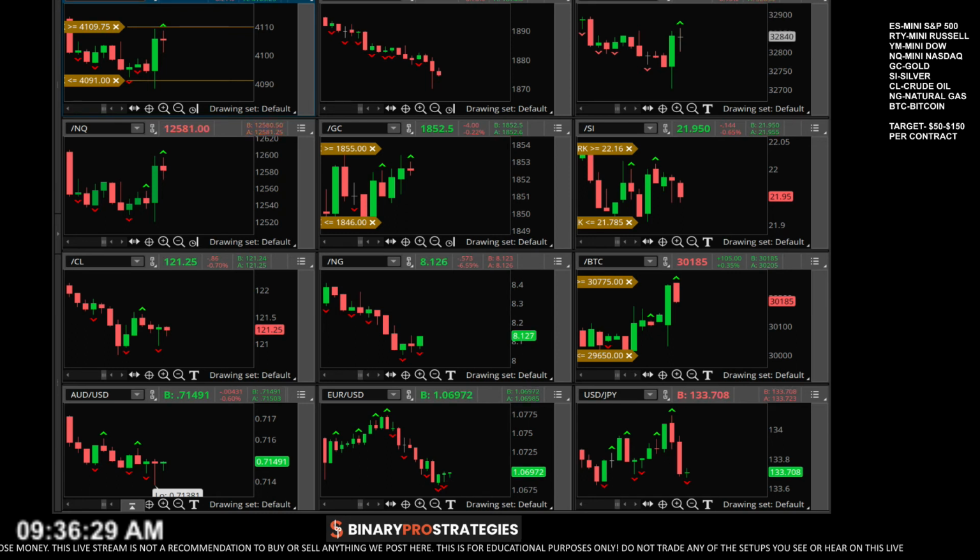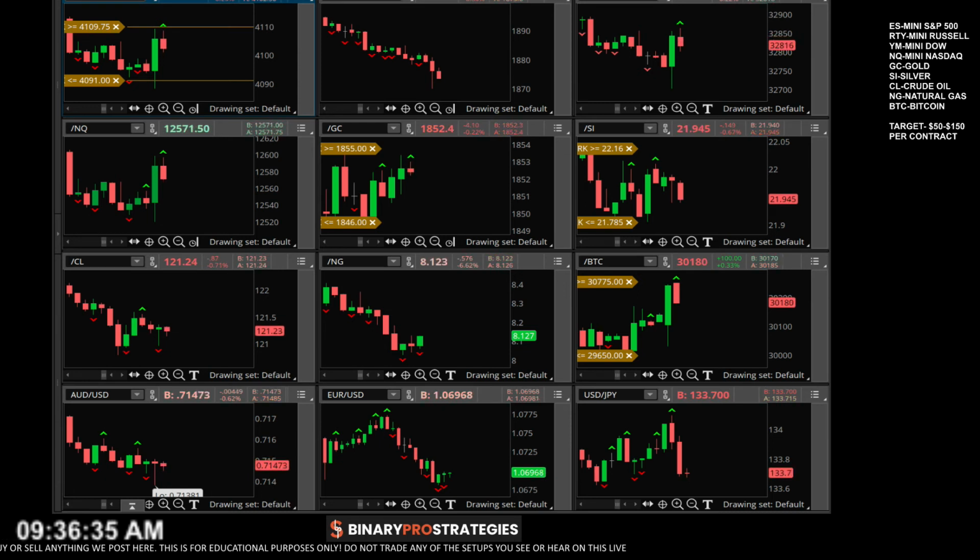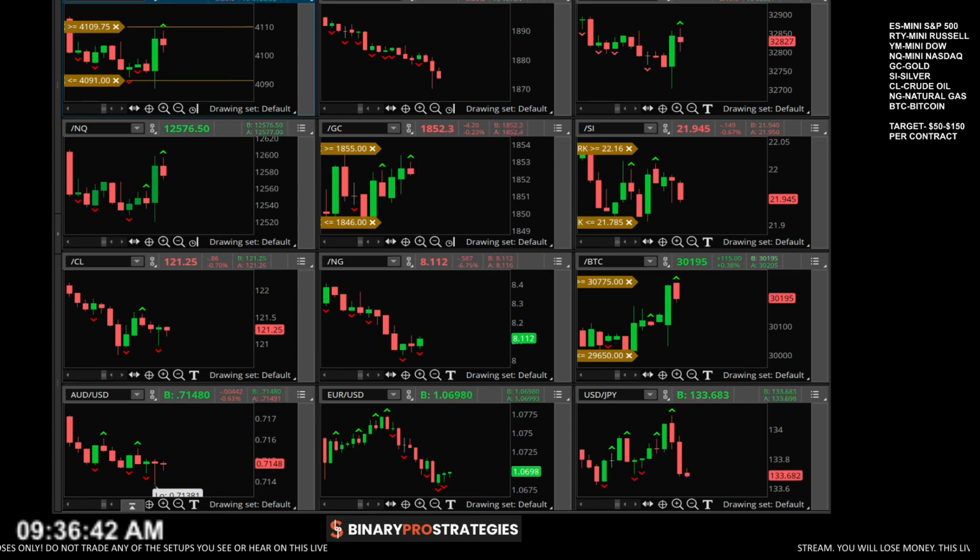Still long ES, which is your E-mini S&P. Not getting anything on the mini Russell or the mini NASDAQ at this point, though mini NASDAQ is trying to create a buy here.